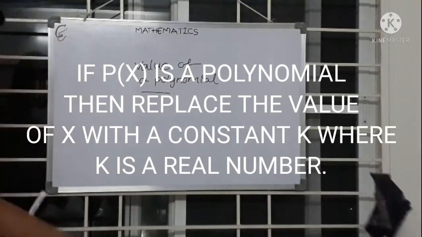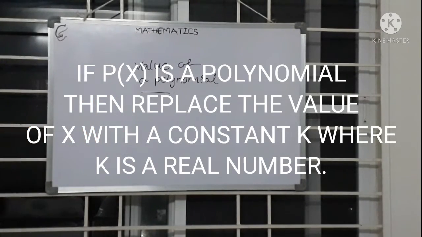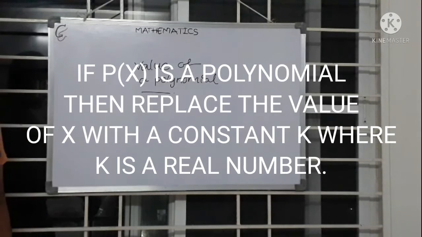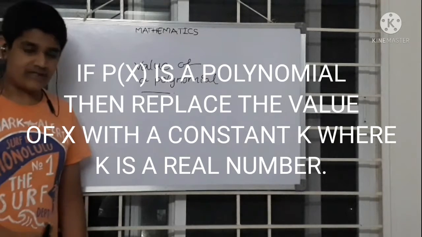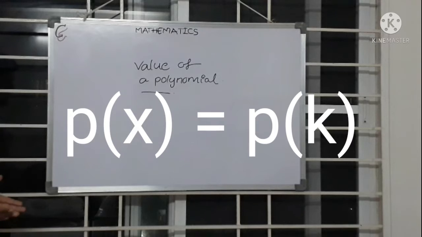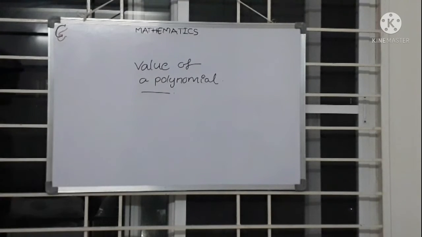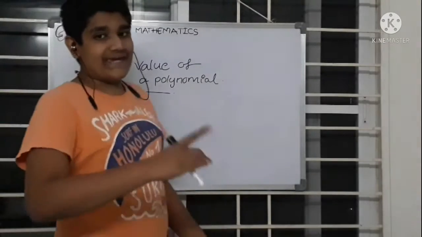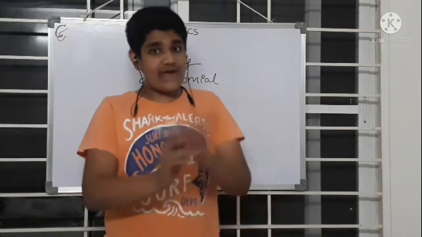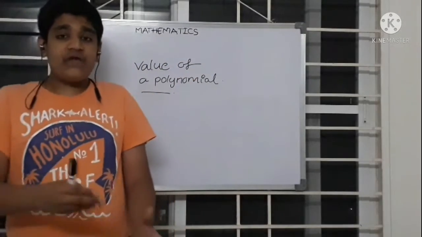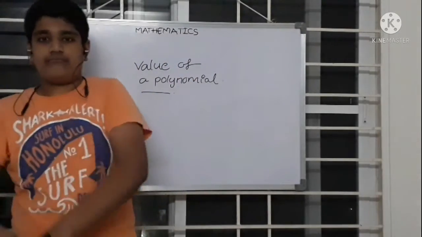Listen carefully. If P of x is a polynomial, let k be a real number. Now replace the value of x with k. Then P of x will become P of k.